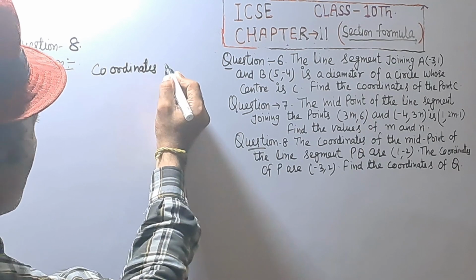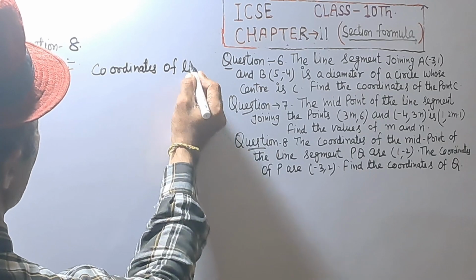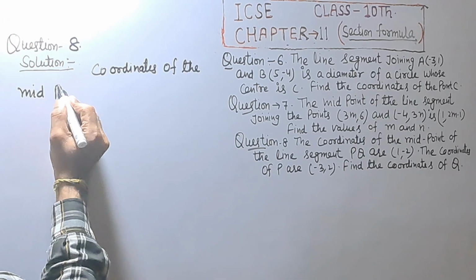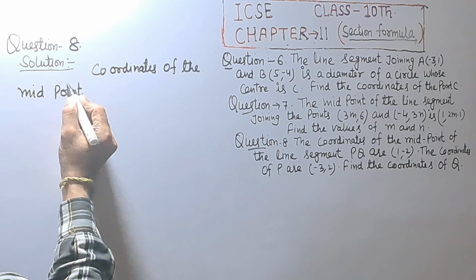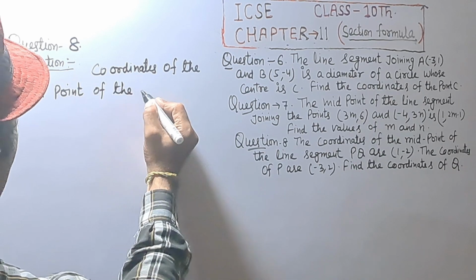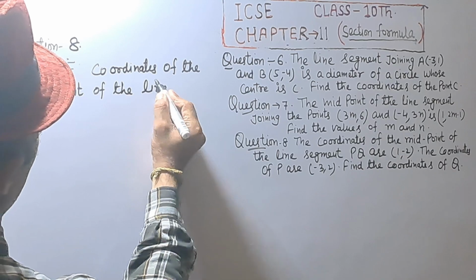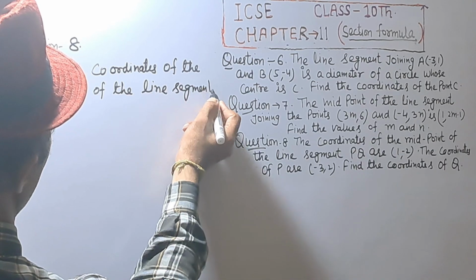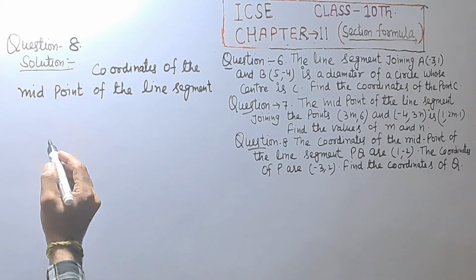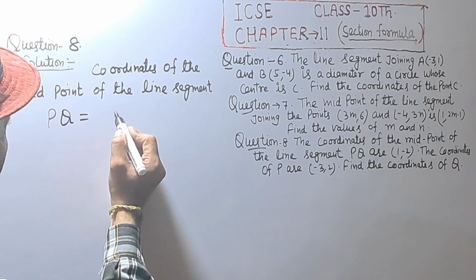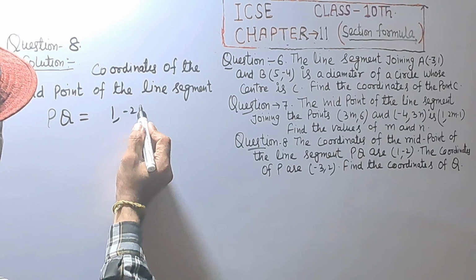Coordinates of the midpoint of the line segment PQ is equal to (1, -2).